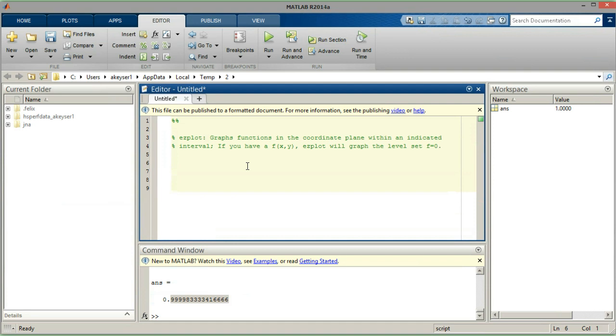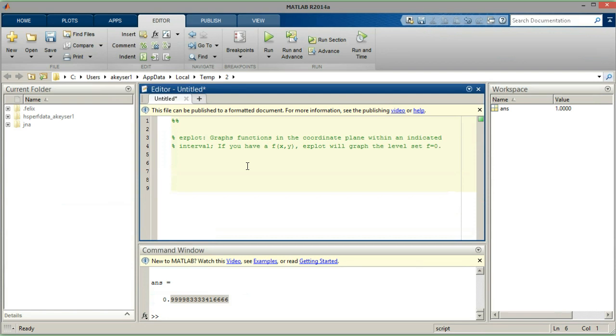Okay, so the first thing you need to do in doing this type of problem is to put the command, and the command is literally EasyPlot.